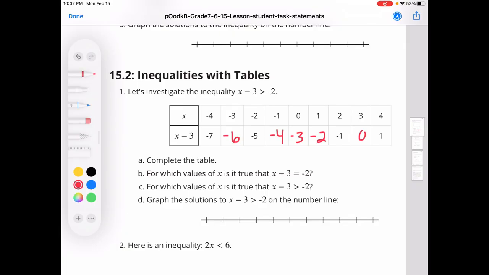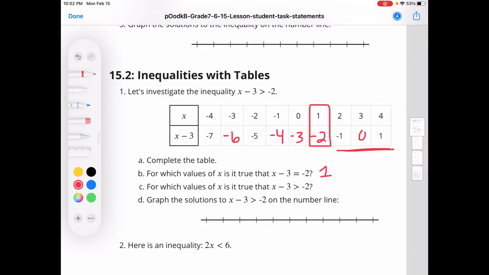So for x minus 3 to equal negative 2, that would be here, which tells me that the value of x is 1 for that to be true. On C, it says, for which values of x is it true that x minus 3 is greater than negative 2? So now I have to see which numbers are greater than negative 2, which would be the numbers to this direction.